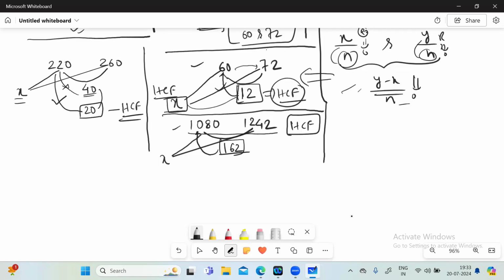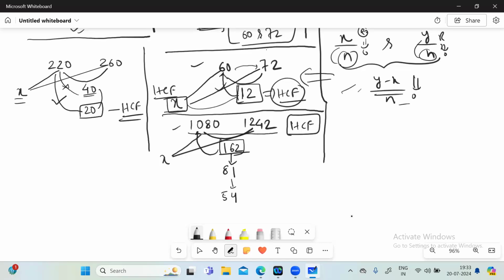Sorry, does 162 divide 1080? It will not. Then I'll check another number, the next factor of 162, which is 81. Then I'll check the next factor of 162, which is 54.